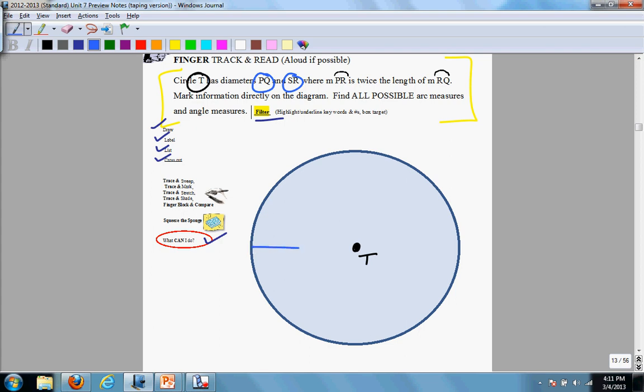So here's PQ. And SR, and we want this arc PR to be twice the size of our arc RQ, so we have to tilt it. So there's SR. Now we're going to double check.